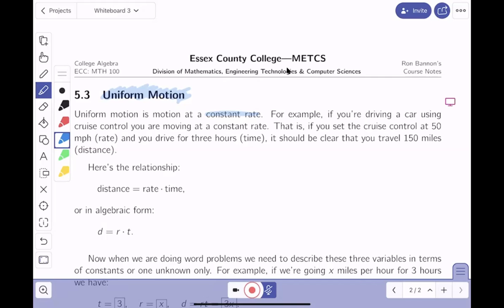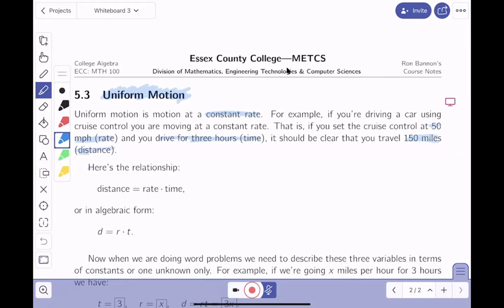Anyway, let's just simply say constant rate means it's going at a constant rate. So if you set the cruise control at 50 miles per hour, that's a rate, and you drive for 3 hours, you should have a clear understanding that every hour you do 50 miles. And if you drove for 3 hours, you'd be traveling a 150-mile distance.